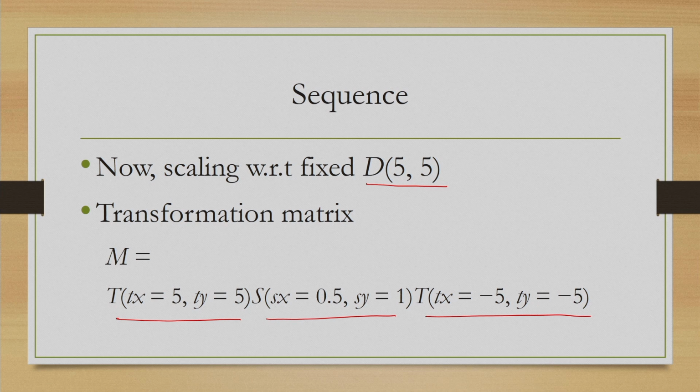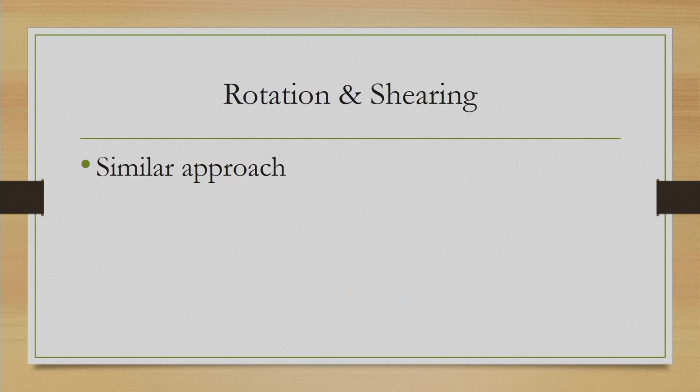Then we perform scaling with respect to origin along the x axis, that is S x will be half, S y will be 1, and then we translate back this point to the original position, that is T x equal to 5, T y equal to 5. That is the composite matrix. So, once we get this composite matrix for scaling, we apply it to the points to get the transformed points.